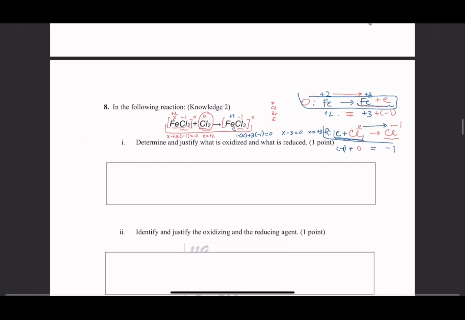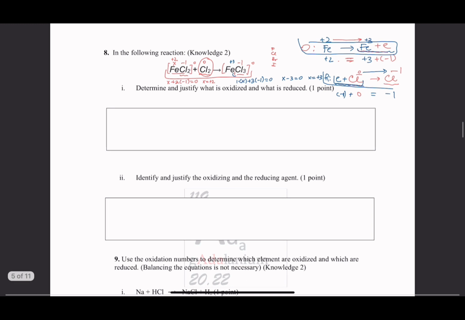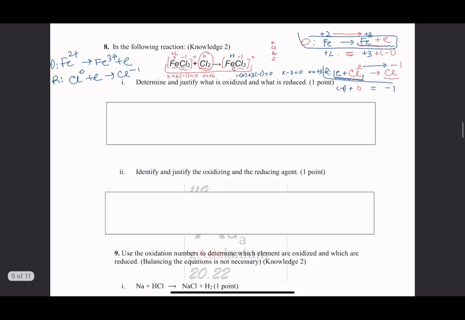I will write them clearly here. The first one, oxidation, is iron plus 2 goes in here. This is oxidation, and the reduction is chlorine 0 plus electron went to chlorine negative 1. That's all for the half reaction. Now it says determine what's oxidized and what's reduced.